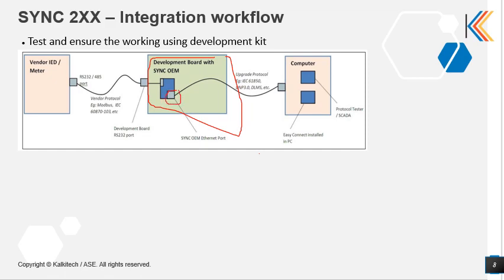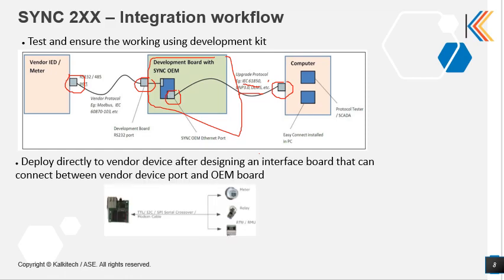Using the external RS-232 RS-485 interface of your device, connect to the development board, and Ethernet can be connected directly to your computer, so your device can be tested externally and completely for migration to the latest protocol. Once you are comfortable with the complete testing scenario with the latest protocol, only then take this board and put it onto the vendor device. That is a key advantage.